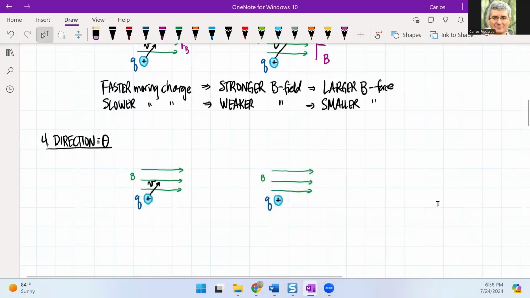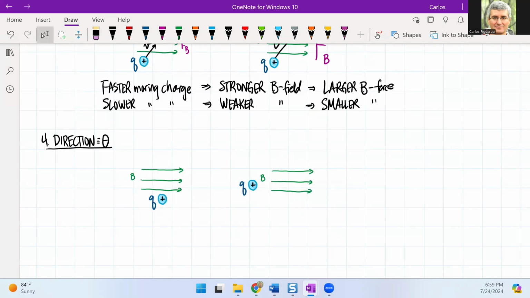So what do I know? I don't care about the velocity. I only care about what the charges are doing, and according to the directions, it goes like this. The cross product says that if I have a velocity that's perpendicular, and we have to be specific when we say perpendicular, it's 90 degrees to the magnetic field.